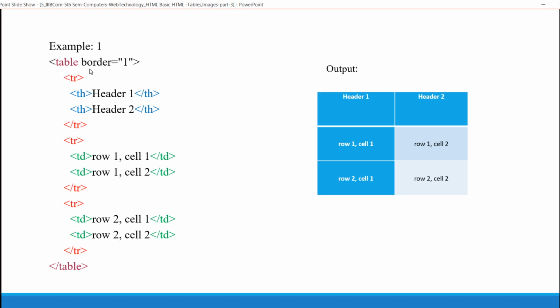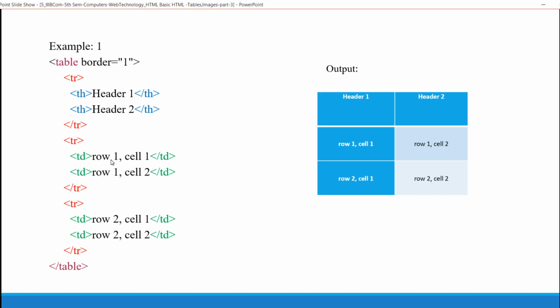See here, table border equals 1. tr. In the first row, I am specifying headers with th tags. In the th tags, I have written header 1, header 2. Close tr. And the next row, tr, td.